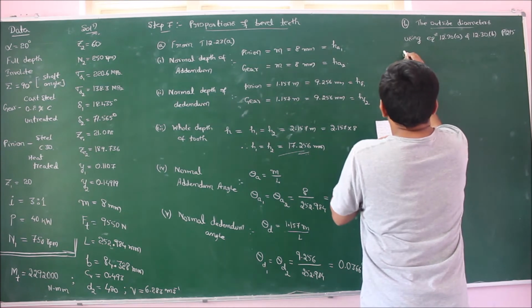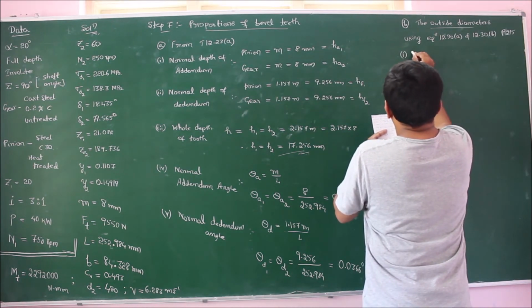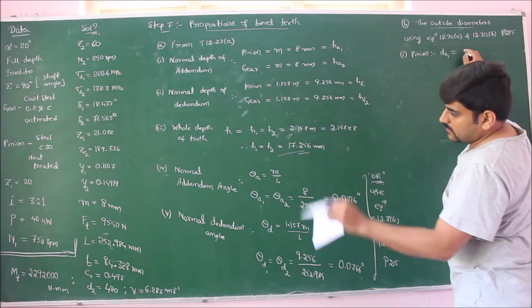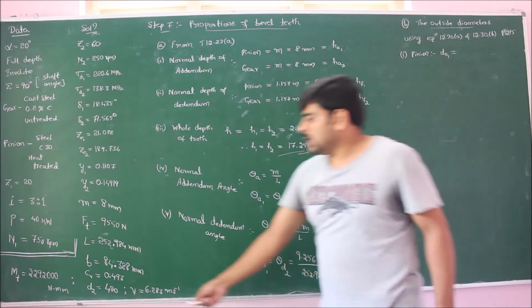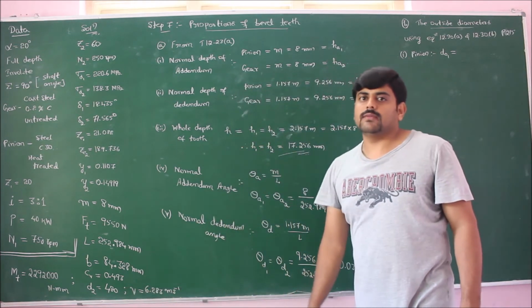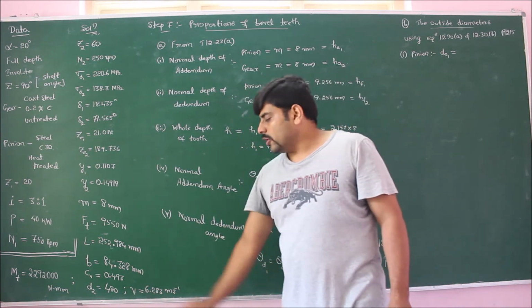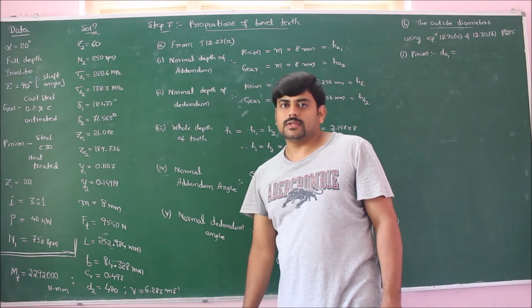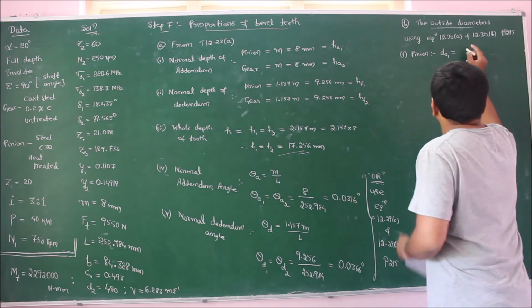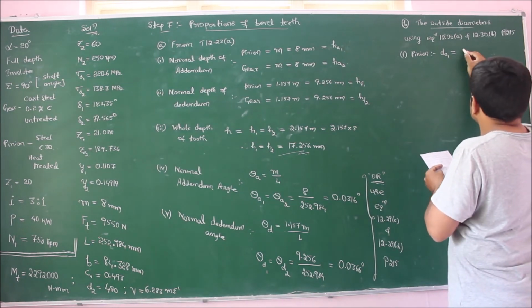For pinion, we have the outside diameter of pinion, which depends on D1. D1 we have not yet calculated, but we know the value of D2, which is 480 millimeters. We know that i is equal to D2 by D1. So 480 by 8, which gives us 60. So D1 is 60.